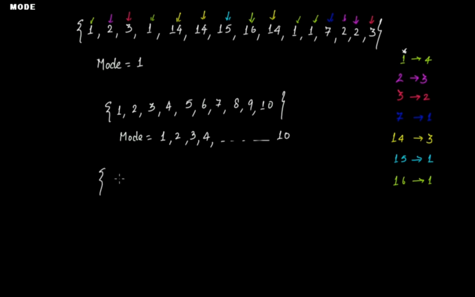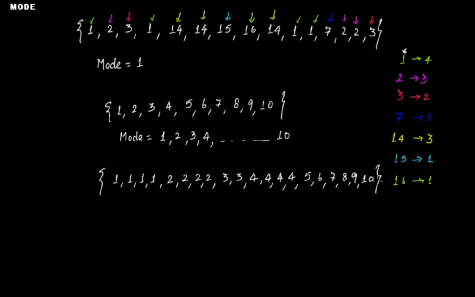What if your data set was something like this? 1, 1, 1, 1, then 2, 2, 2, 2, then 3, 3, then 4, 4, 4, 4, 5, 6, 7, 8, 9, and 10. Now you can clearly see that 1 is occurring 4 times, same with 2, and same with 4.